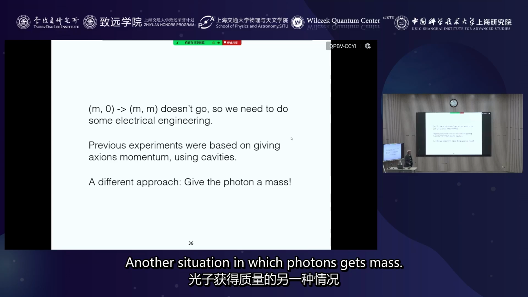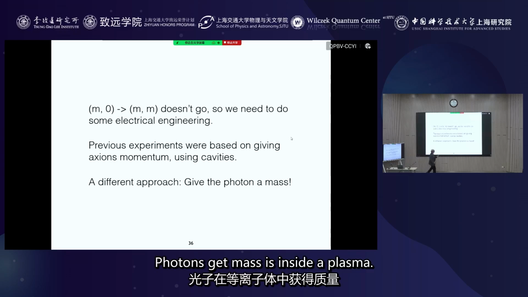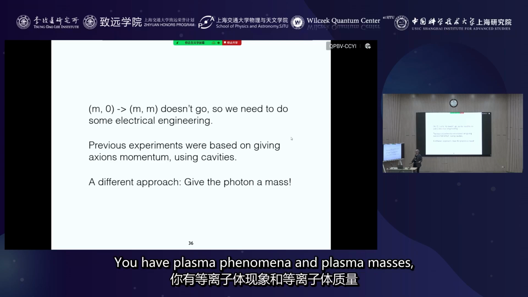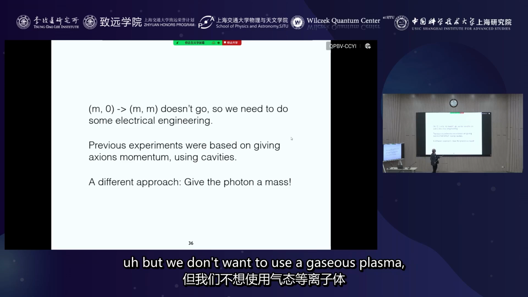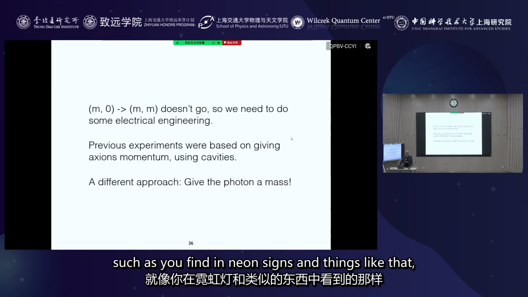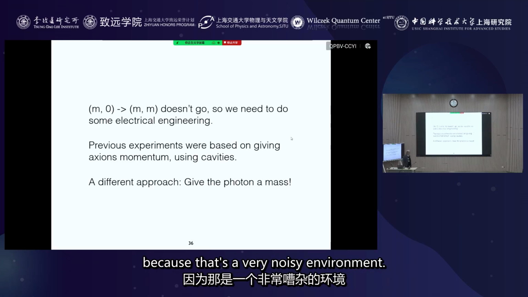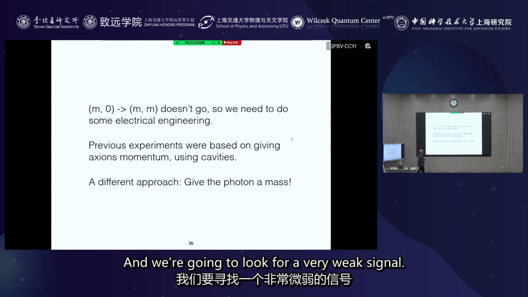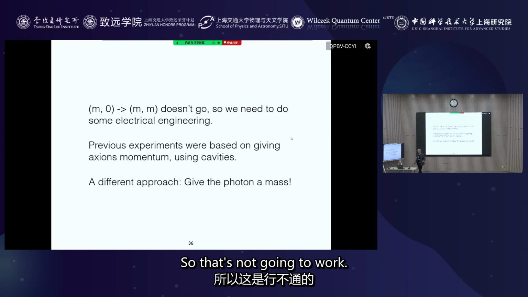Another situation in which photons get mass is inside a plasma. You have the plasmon phenomena and plasma masses. But we don't want to use a gaseous plasma, such as you find in neon signs and things like that, because that's a very noisy environment, and we're going to look for a very weak signal. So that's not going to work.